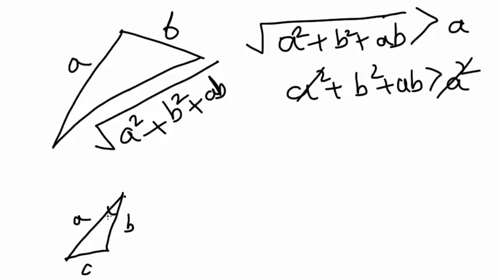So if I want the greatest angle, I have to first figure out the greatest side, because the angle opposite to the greatest side will only be the greatest angle. So in this case it seems like A is the greatest side.